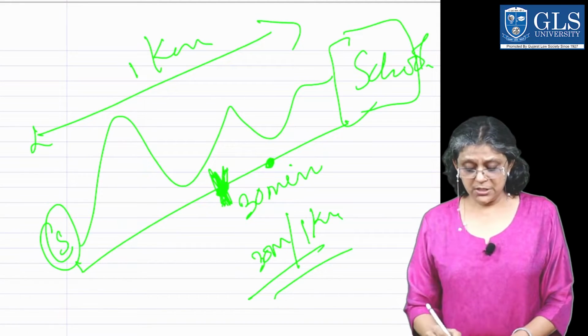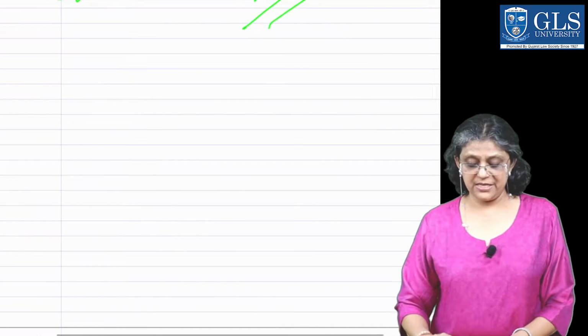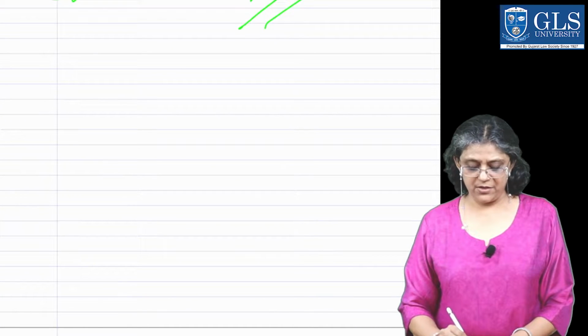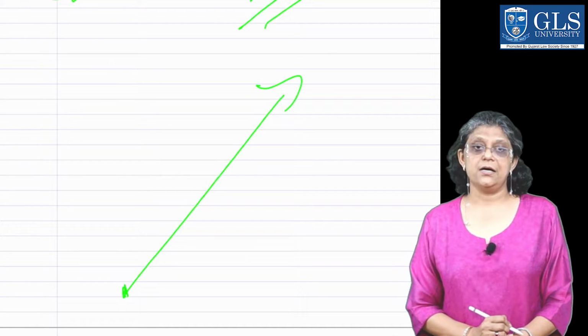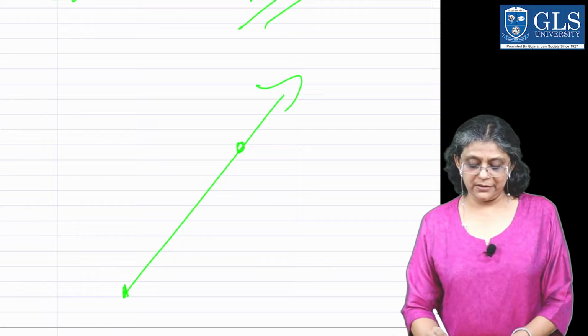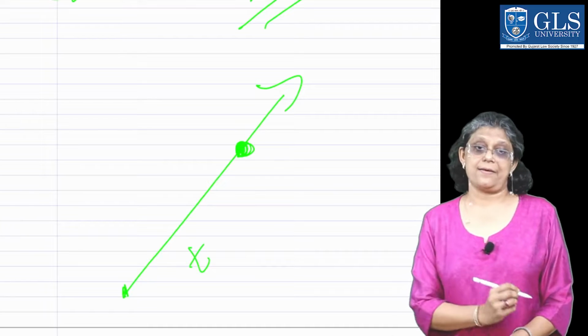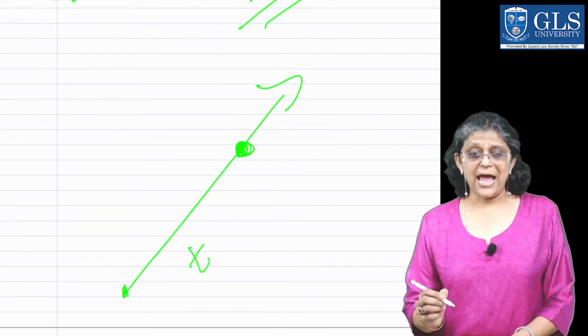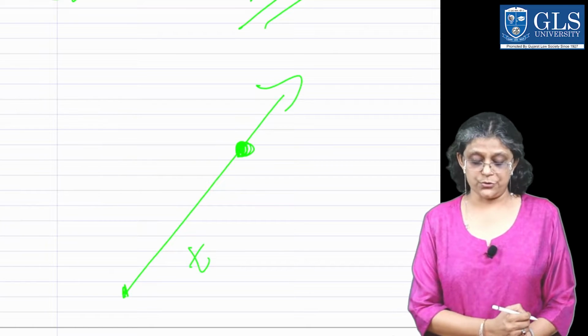Another example: if I say the rocket is flying here, at what particular time will the rocket be at this particular distance in the sky? So these are the applications where the concept of derivative is used.